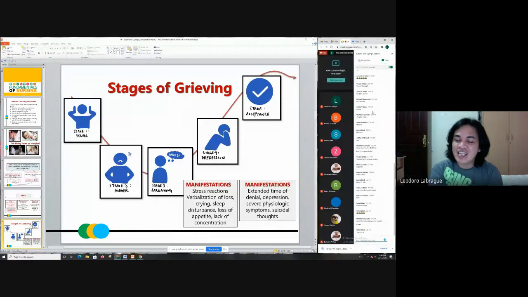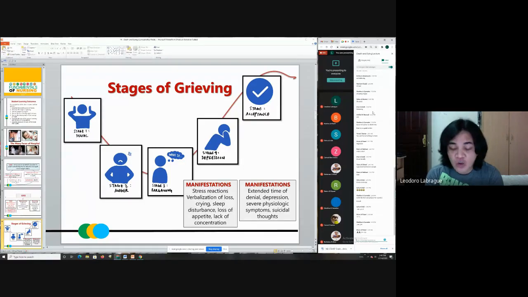Okay, that's a good idea. However, in the real world, when you experience a patient who is in depression, you can really never force this person to socialize. You can never force this person to attend a party. That's why the best intervention that you can provide if your patient is in the depression stage is to be with the patient.